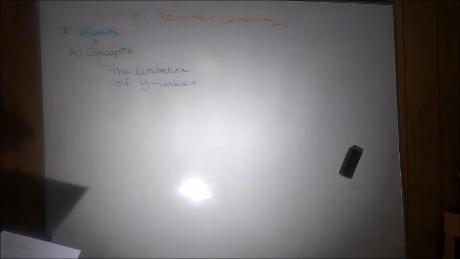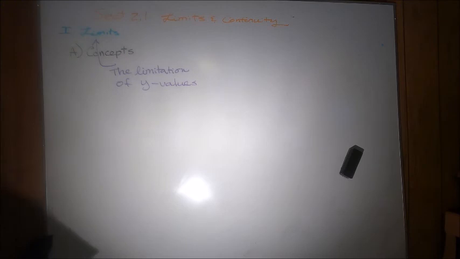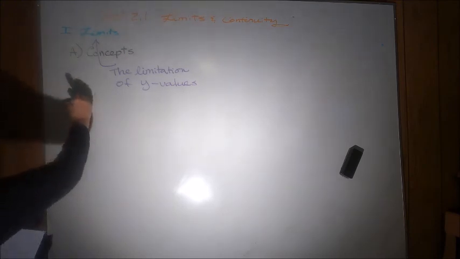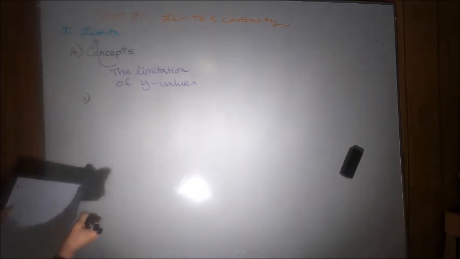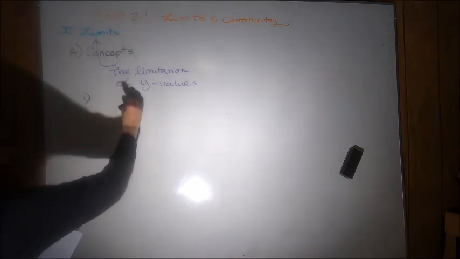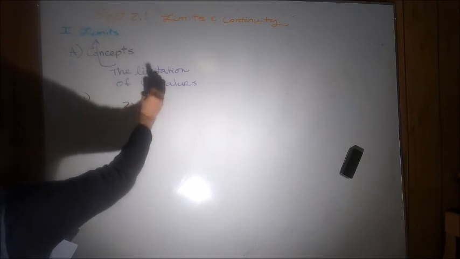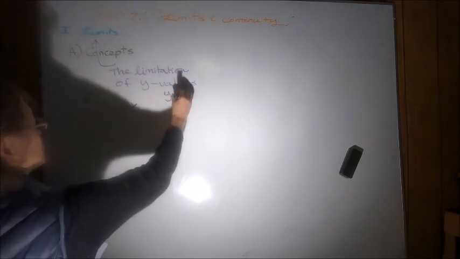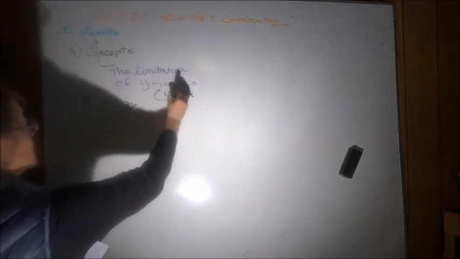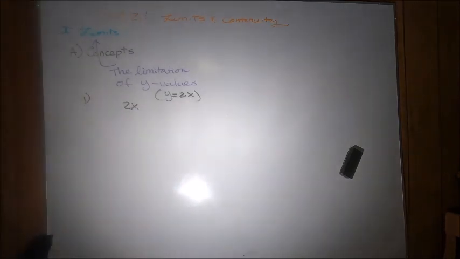So the limitation looks like this. Let's just use some example first, right? So if I have y equals 2x, we are talking about this function, right? f of x equals 2x. Then what kind of limitation are we talking about within the x value, from x to y?